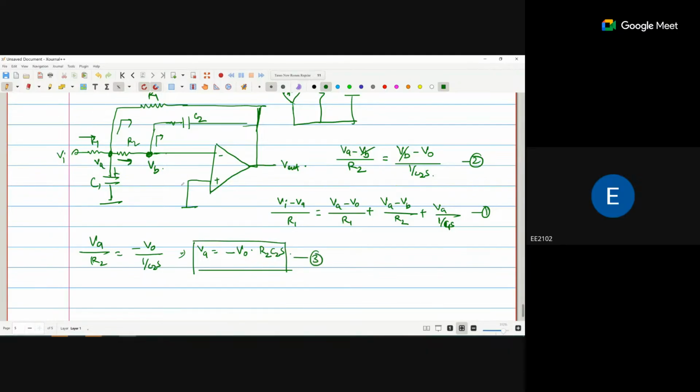This is my third equation. Now VB is 0, so Vi by R1 is equal to VA by R1 plus VA by R2 plus VA times C1s, and minus Vout by R1.